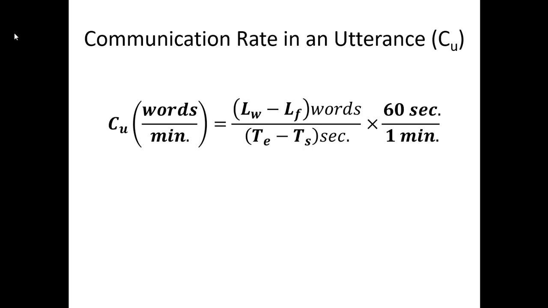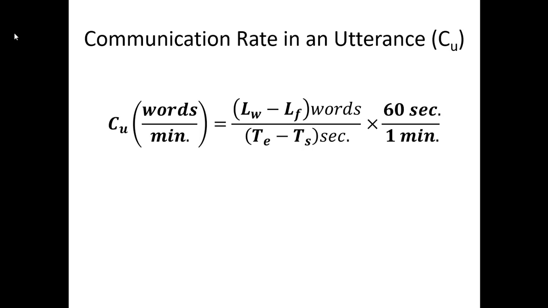So in this measure, that's looking at the communication rate in an utterance, you'll see that this formula is very similar to the formula you saw for average communication rate in a spoken language sample. The difference is that we see this is looking at the length of time used to produce one utterance. So we see the ending timestamp minus the starting timestamp of the utterance in seconds is the denominator.